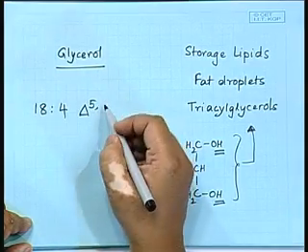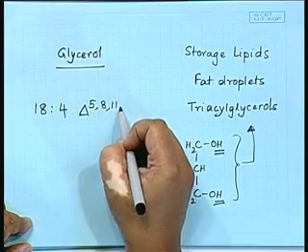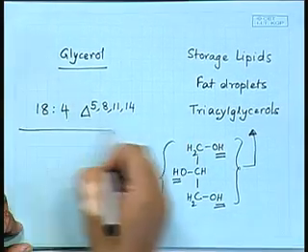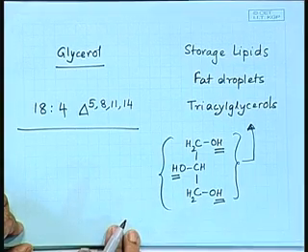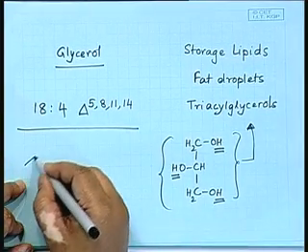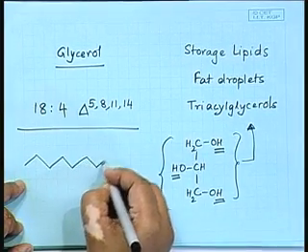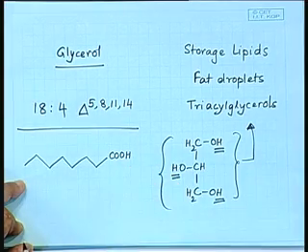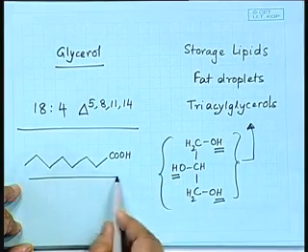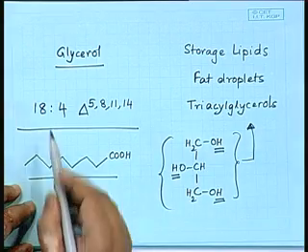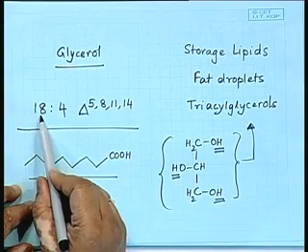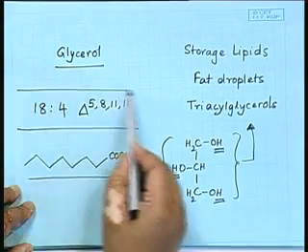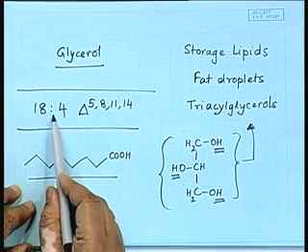and we learnt that if we have such a nomenclature, delta 5, 8, 11, 14, we know how we can write this. We have normally a long carbon chain where we have the COOH attached in a normal fatty acid. When we have a nomenclature in the delta designation, we have 18:4.